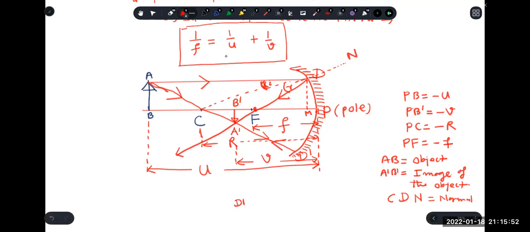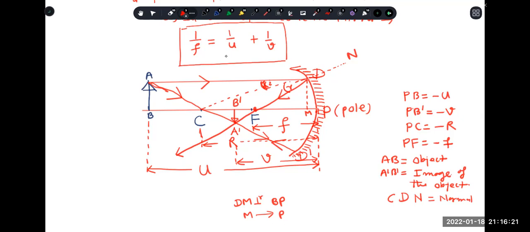So DM is drawn perpendicular on the principal axis BP, and this point M is very close to the point P, approximately at the pole. So M is very near to the pole. All the distances from the pole coincide with the distances from M also.